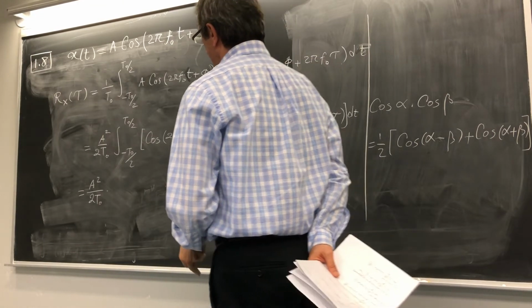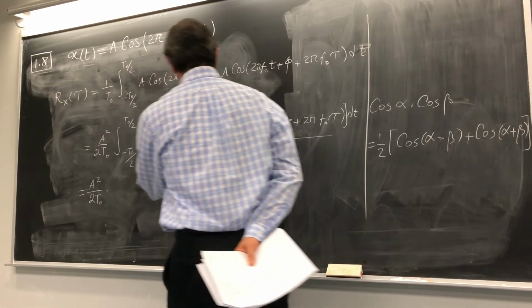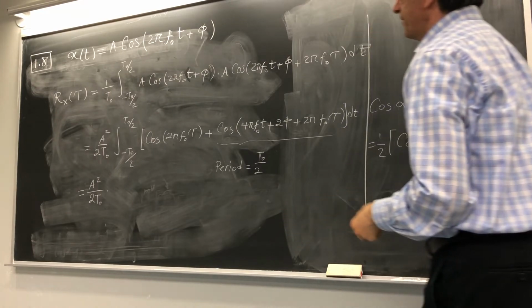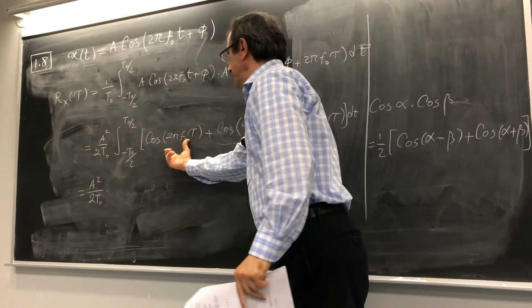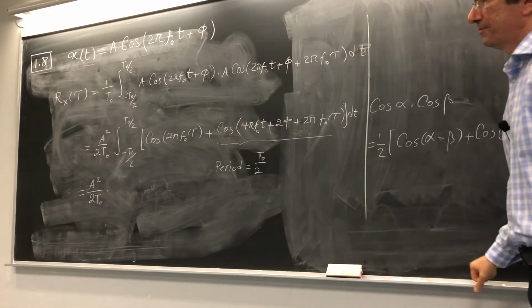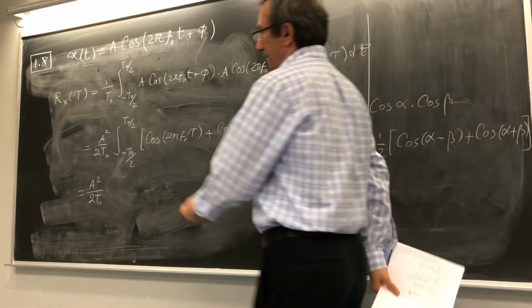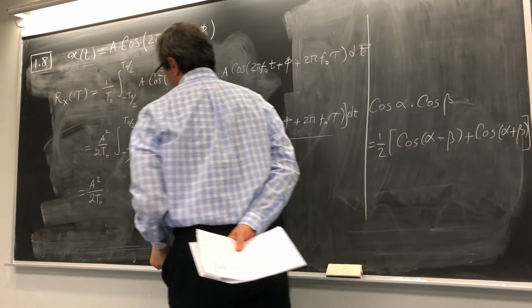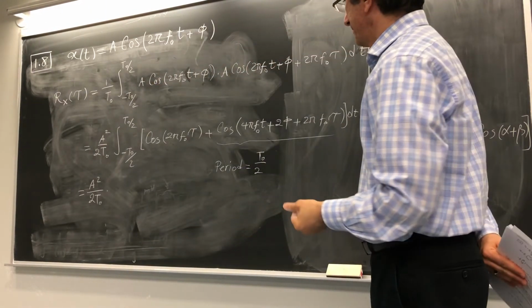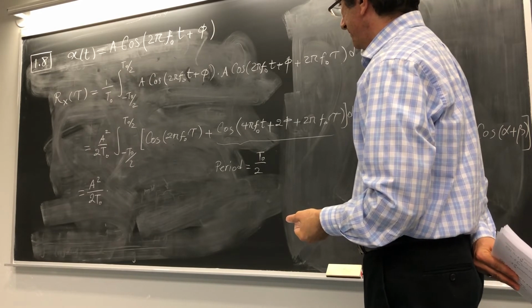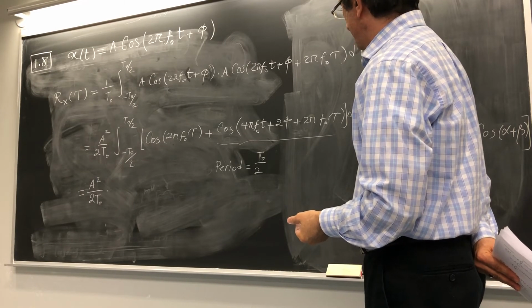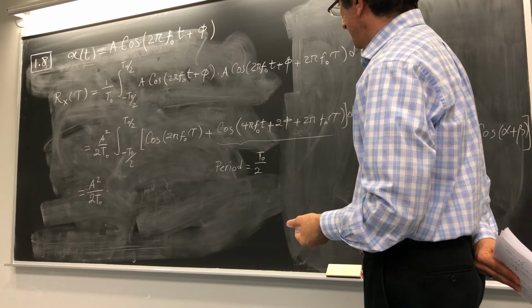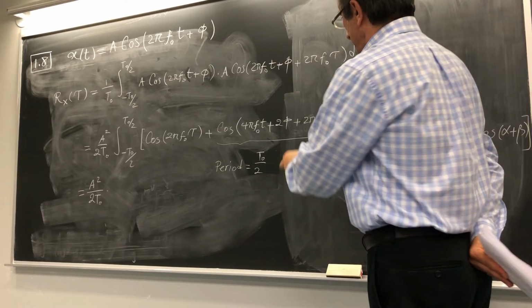Now, what remains is the integral of this term times dt over the course of a period. The first part equals 0, but we still have the tau term. We can't just make the whole thing go to 0, can we?